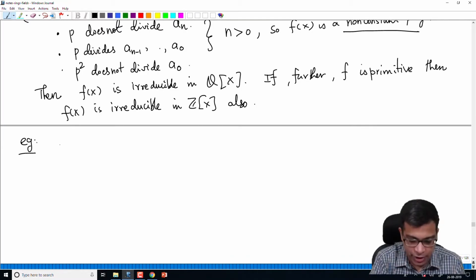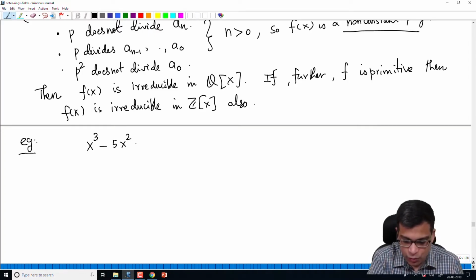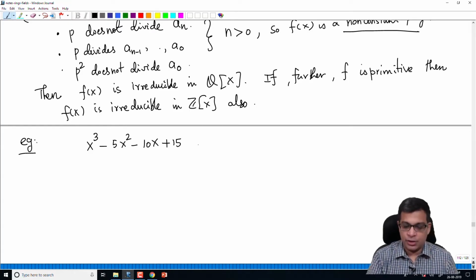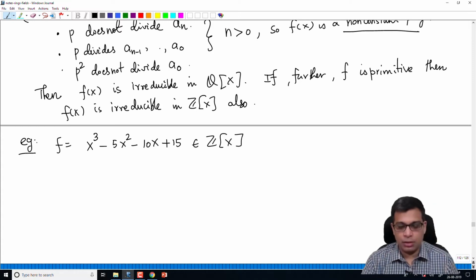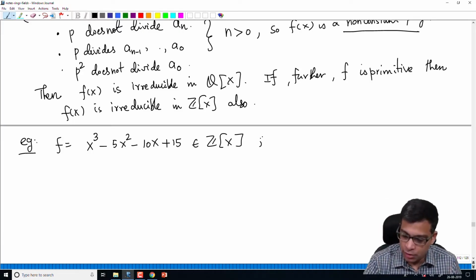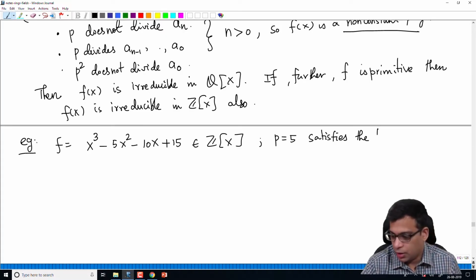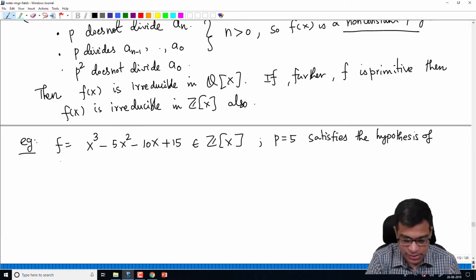For example, let's take a polynomial in the polynomial ring over the integers. So this is an integer polynomial. Then p equal to 5 satisfies the hypothesis of the Eisenstein criterion.